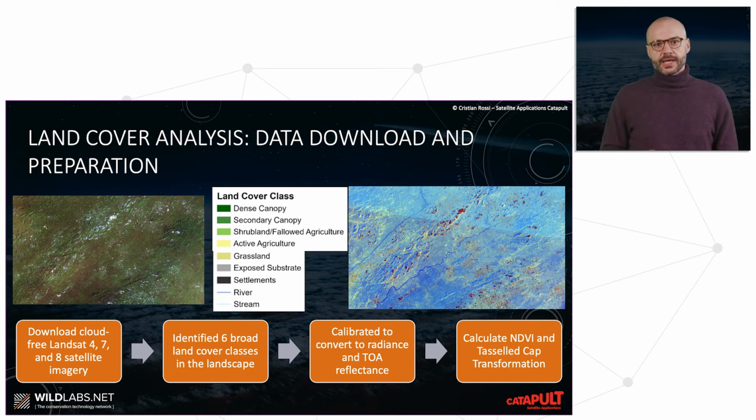A bit more in detail. The first part of the project was to get data and to prepare data. In this case, we used Landsat data from different Landsat missions: 4, 7, and 8.